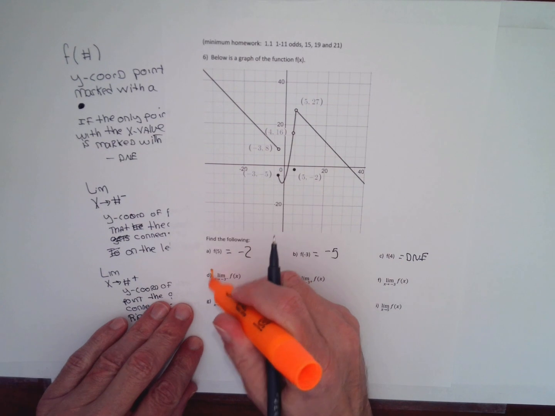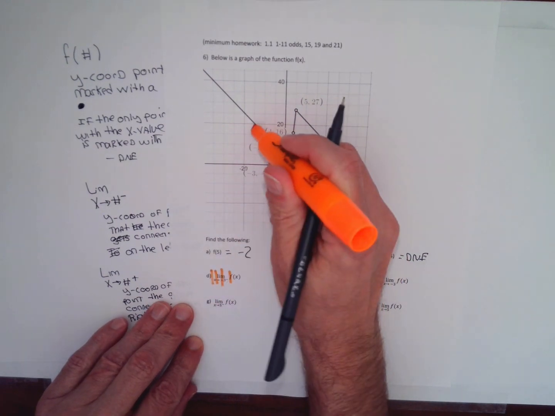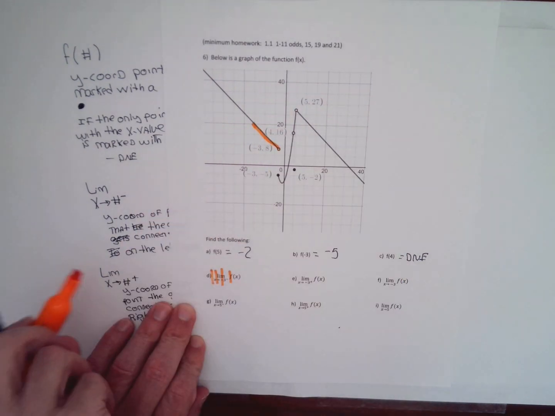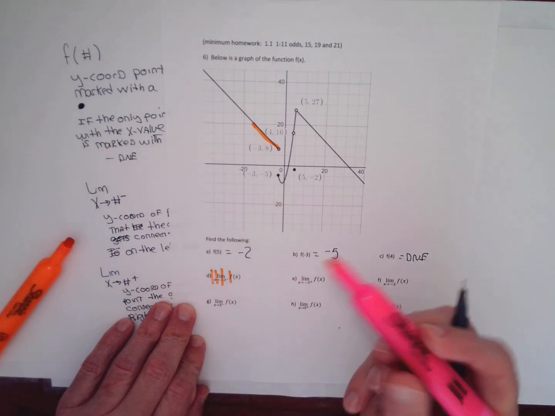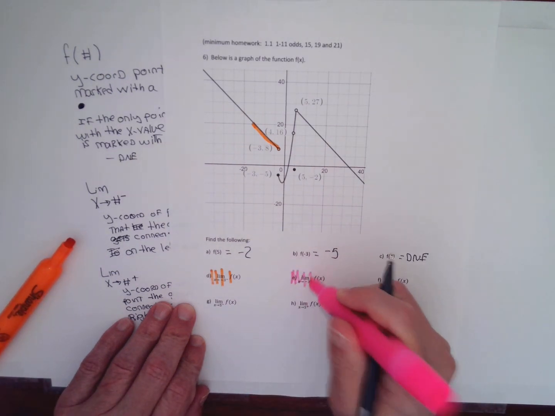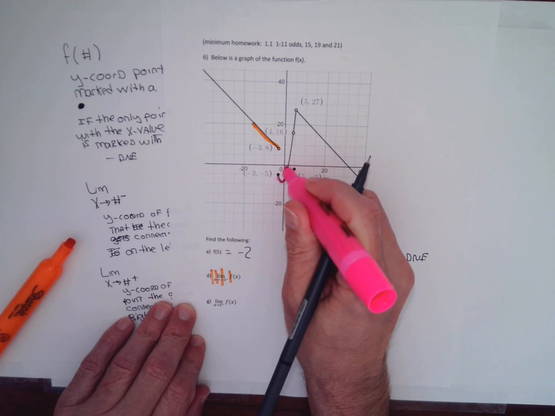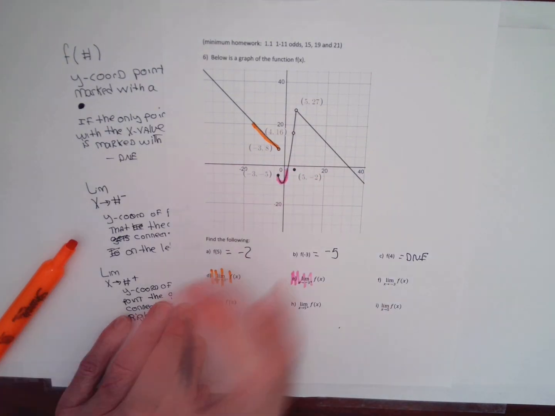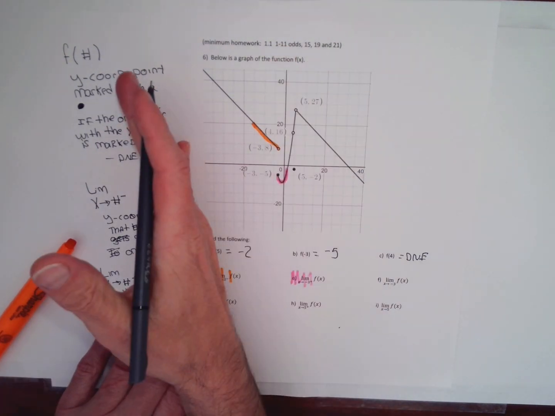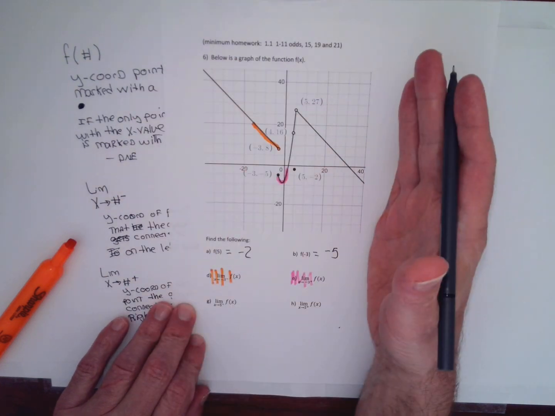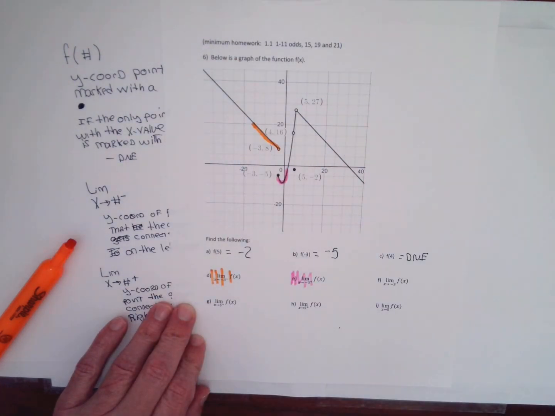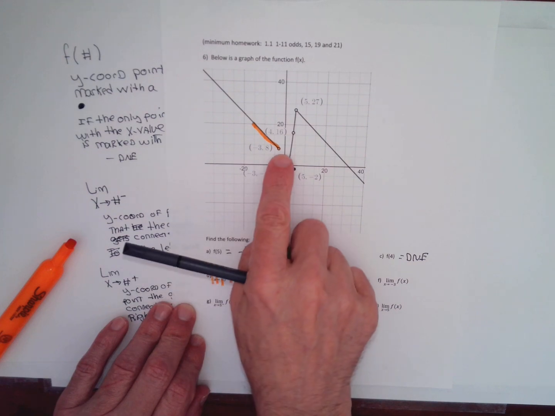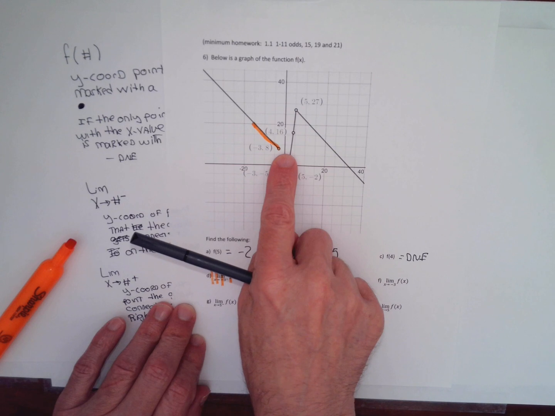My left-hand limit is going to be the y coordinate of the point that I just marked. My right-hand limit is going to be the y-coordinate of the point that I just highlighted. So this is the portion of the graph to the left of -3, the portion of the graph to the right of -3. Limits are always y values. The y value of the point that the graph to the left of -3 connects to is y equal to 8.